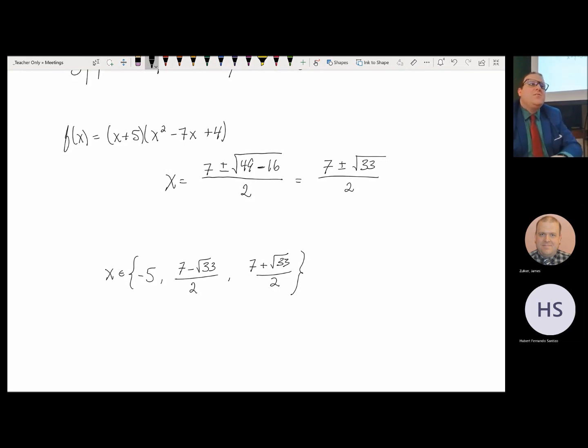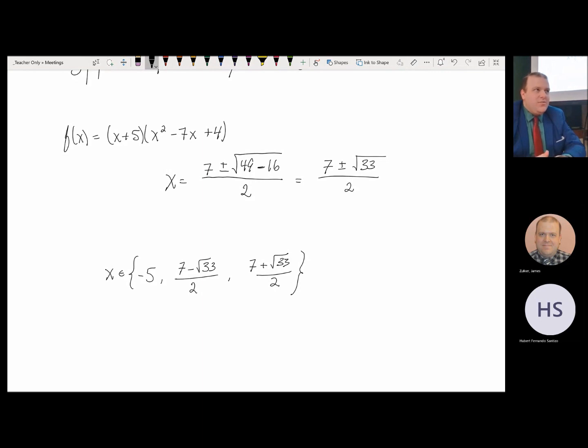Any questions? If it can't be factored, it's automatically put in the quadratic formula. If you can't factor the quadratic, it's going to be in the quadratic formula, yes. Even if it can be factored, you can just throw it into the quadratic formula. Quadratic formula always works. You have to be careful.